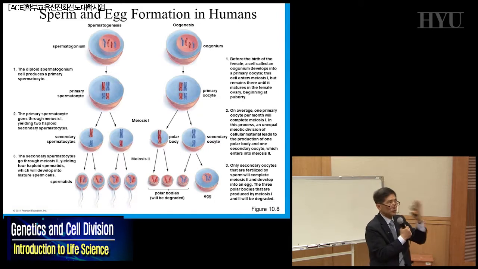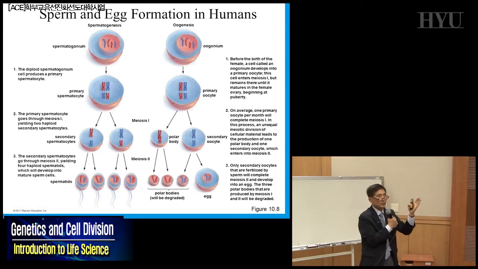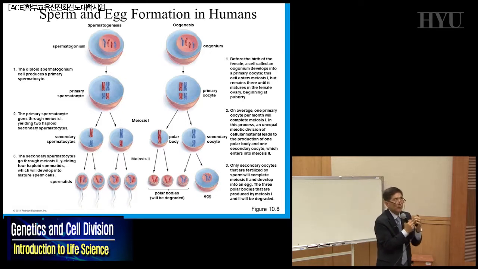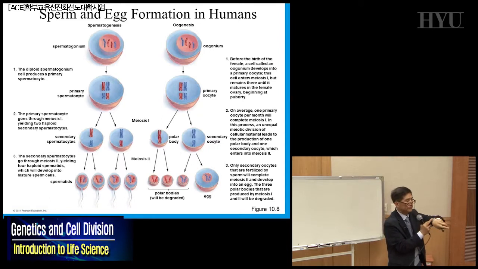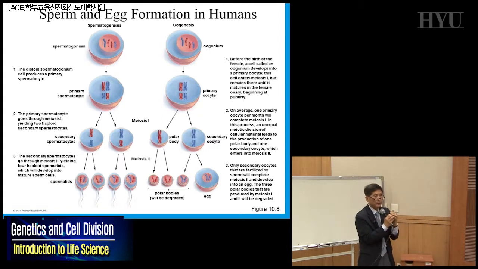So the strategy of having more children is quite different for male and female. Female, you have only a limited number of eggs, so you have to be selective. You don't just date and then get married.